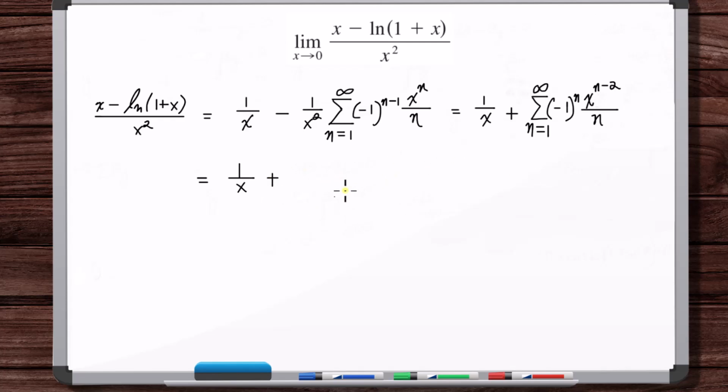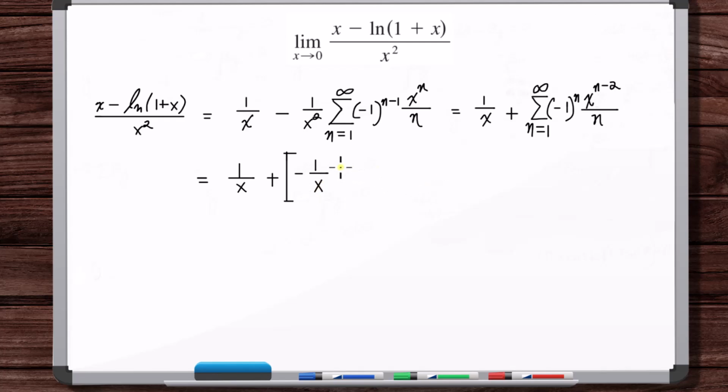Let's write this out. So let's write the series in the other format. When n is equal to 1, we've got x to the minus 1 over 1, so it's going to be minus 1 over x.